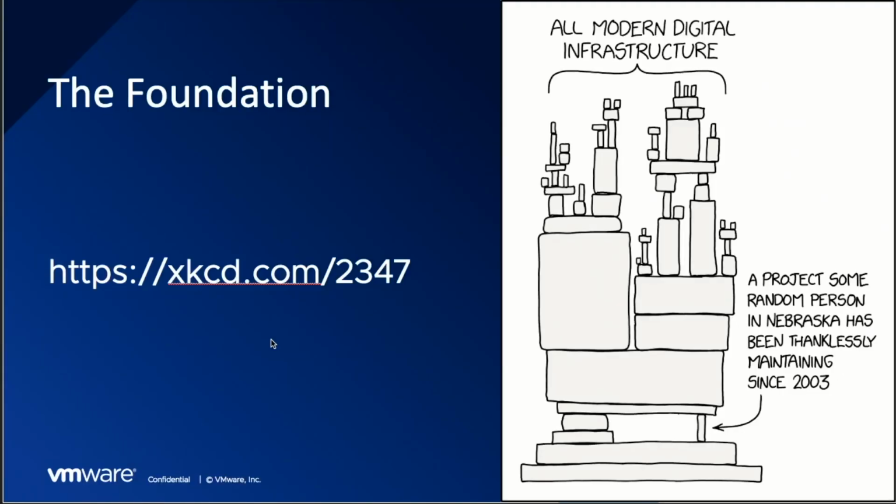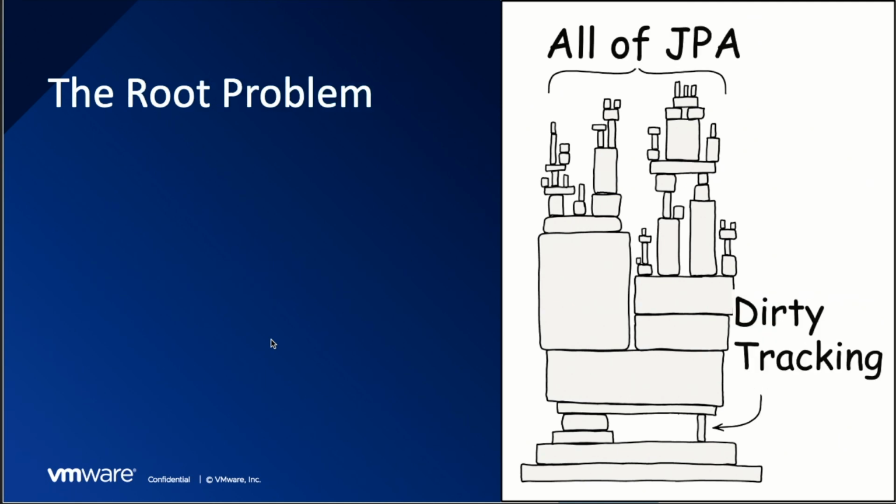That was a step forward. But now it's, again, I don't know, 10 years later or something, and it's time to realize that we have a problem. And I think this XKCD, which you probably know, and which was originally referring to just software in general, I think that is quite fitting for JPA.